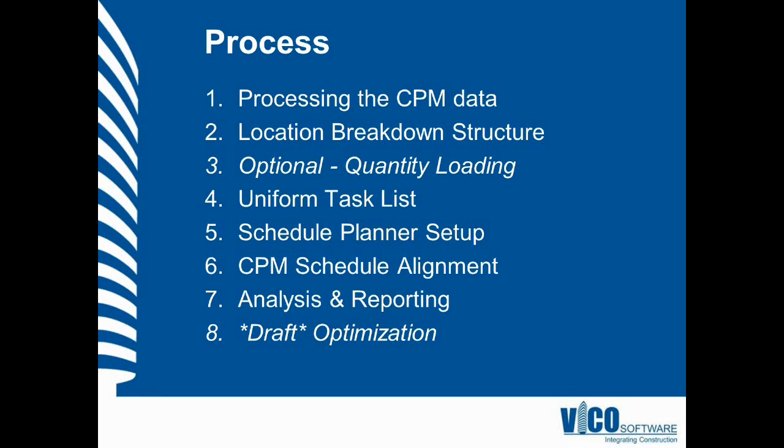And this presents some difficulty for importing the data into Schedule Planner because the alignment between the two, let's say 10 activities into one, requires both a location management and logic management process. In this case, as our best practice for turning a CPM schedule into Flowline on the Vico side, we have defined more of a manual process for converting that information.